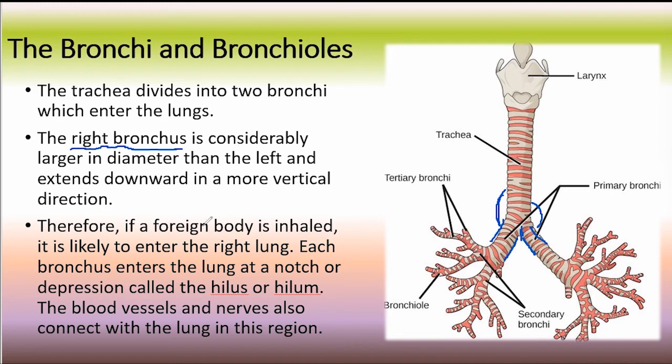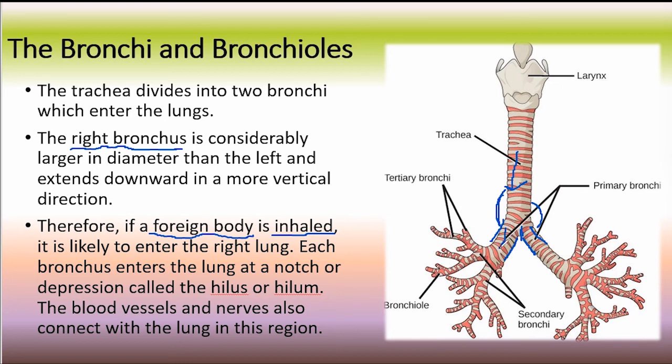So that means if something goes into the trachea by accident, by inhalation, like children playing, putting some toys in their mouth, then by accident, following the inhalation, it goes into the trachea and then falls down.